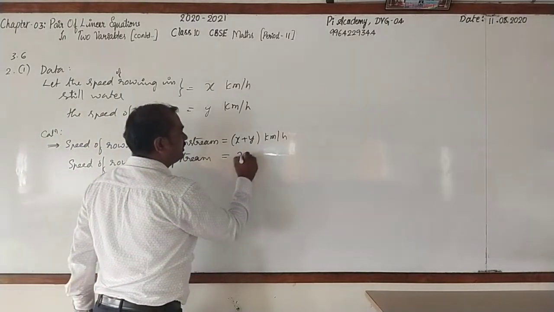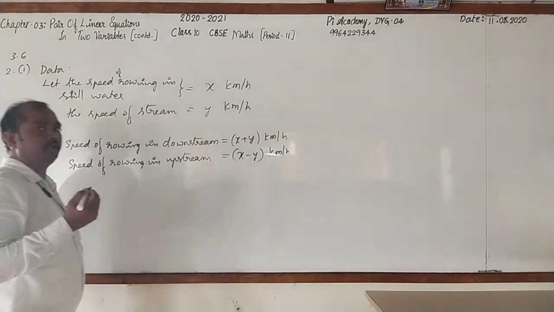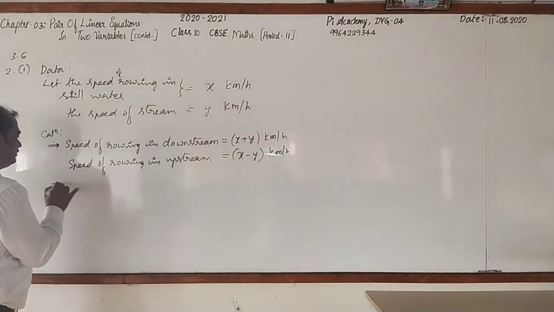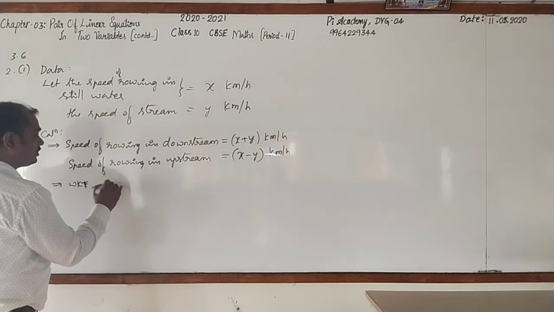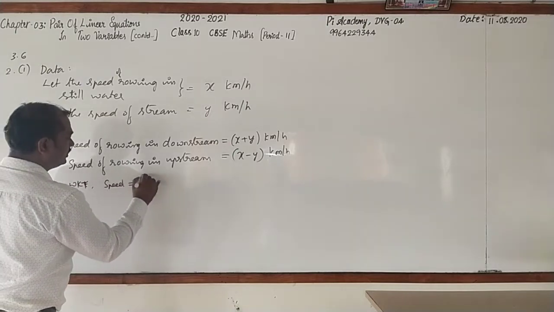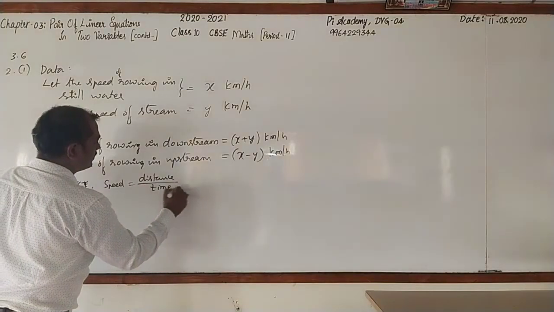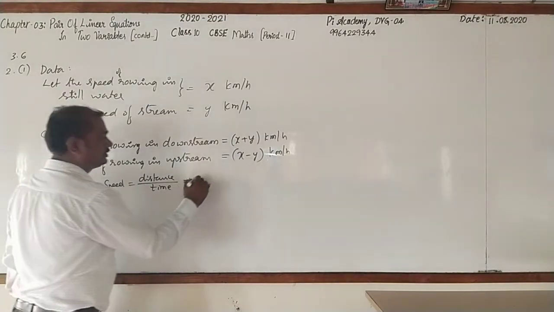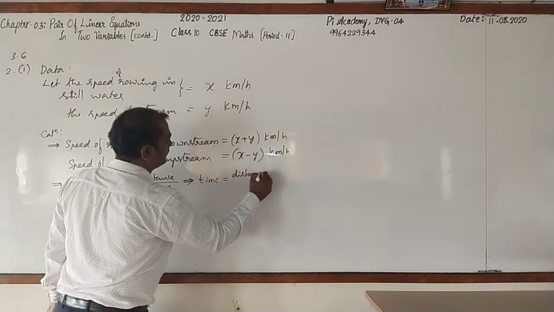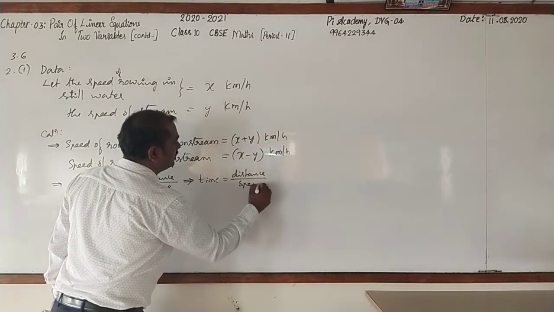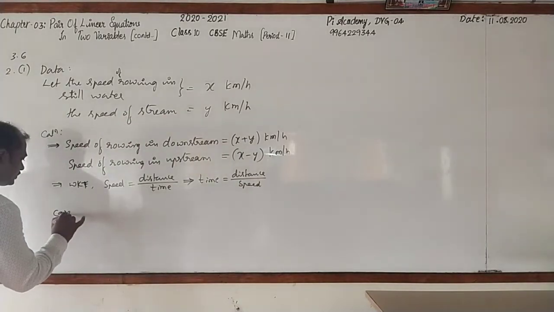Hence, we can write x minus y kilometer per hour. We all know that this problem is related to speed. Hence, we can write speed is equal to distance by time. This can also be written as time is equal to distance by speed. Here they have given two cases. Let's move on to both the cases.